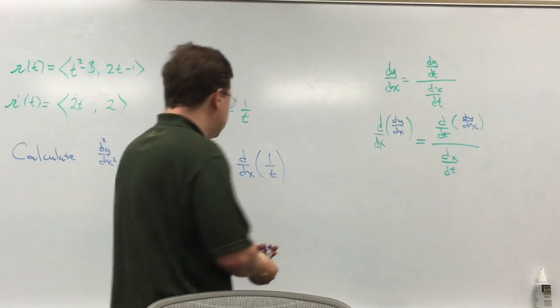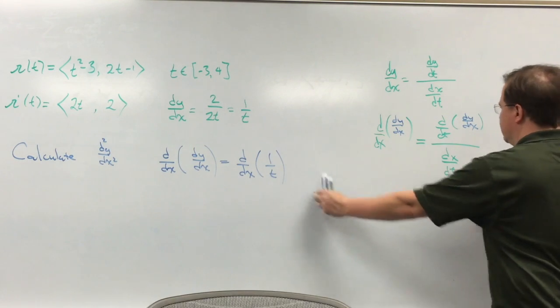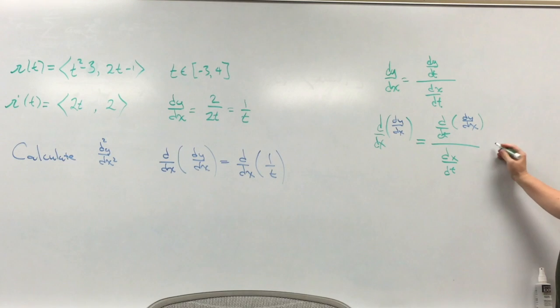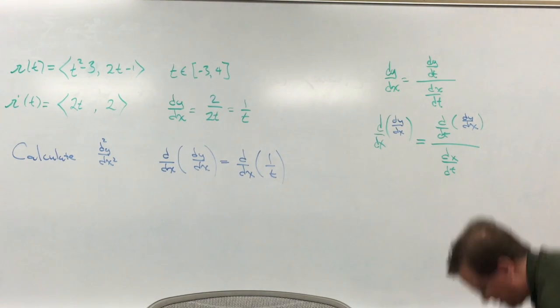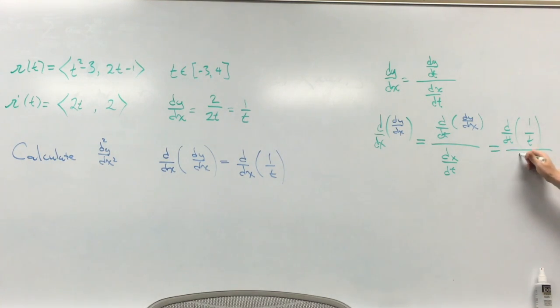Because now I can see, applying that here, dy/dx is 1 over t, right? And dx/dt is easy.